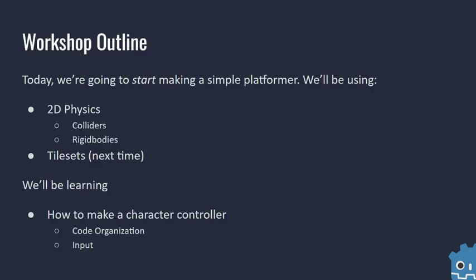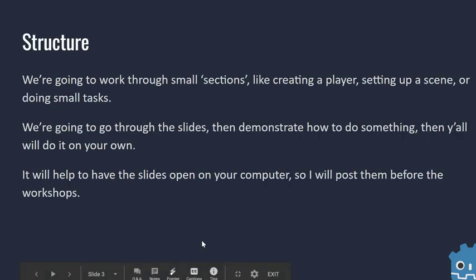Over the next few workshops, we're going to be making a simple platformer, and we're going to be using physics with colliders and rigid bodies. Next time we'll be adding some tile sets, and we're going to talk about how to make a character controller and how to organize your code and do input with it.